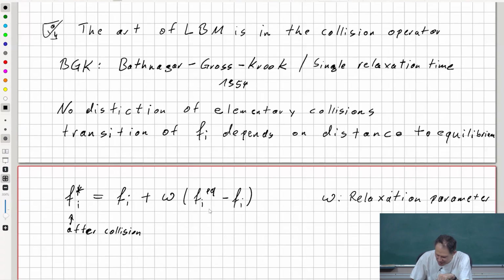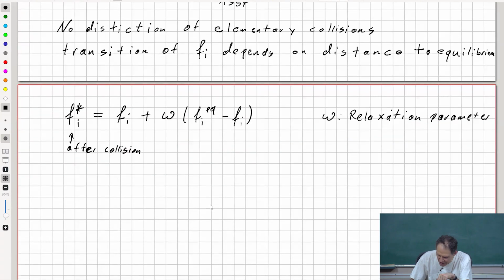Okay, now this doesn't distinguish between any different kinds of collisions. Then we have one that distinguishes between them. This is the big class of multiple relaxation time methods.